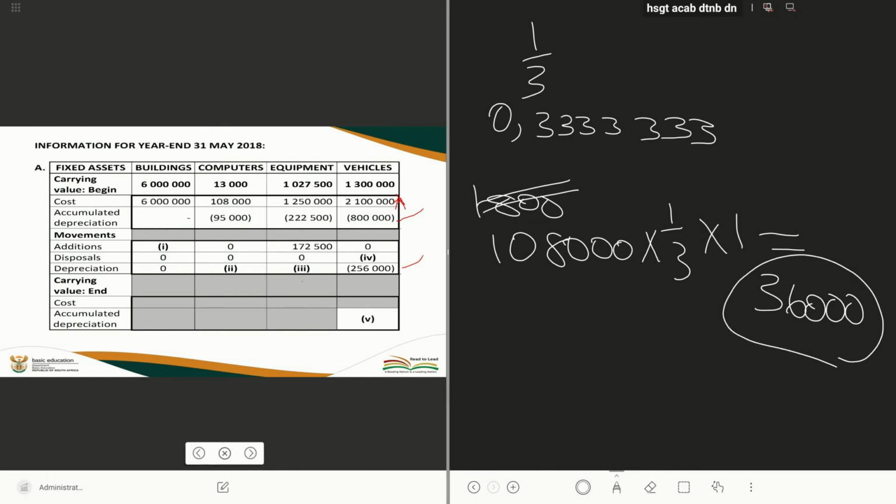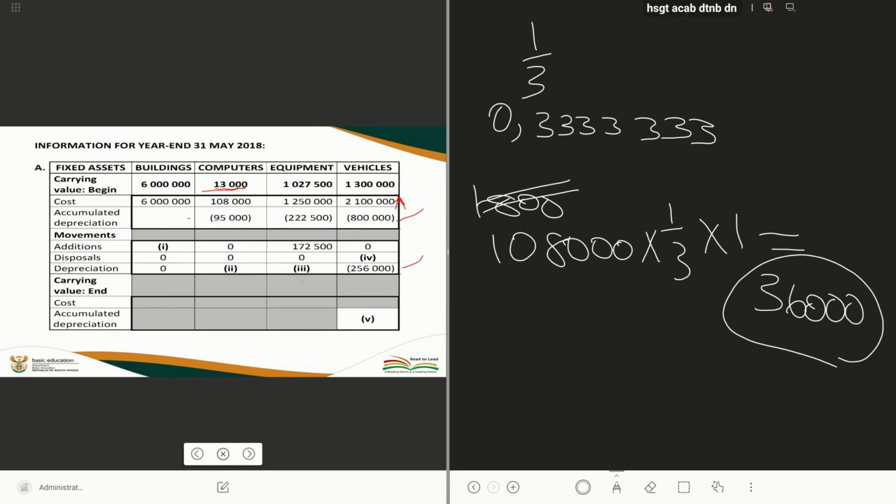This is not the answer yet. That 36,000 is not correct. We have used the standard formula to calculate, but it is not correct. The reason is that I needed to go back to your computers. I want you to take a closer look at the carrying value of the computers. The carrying value is 13,000.